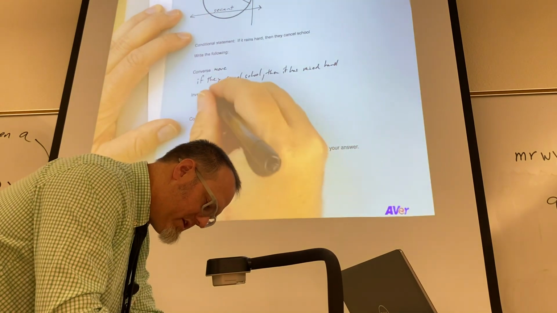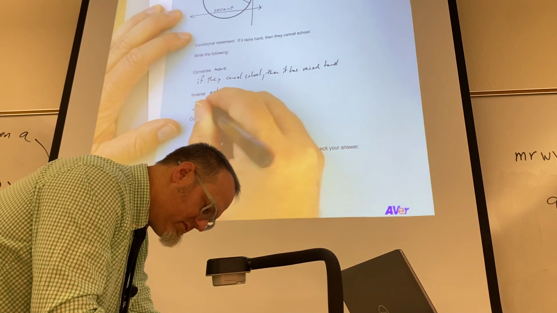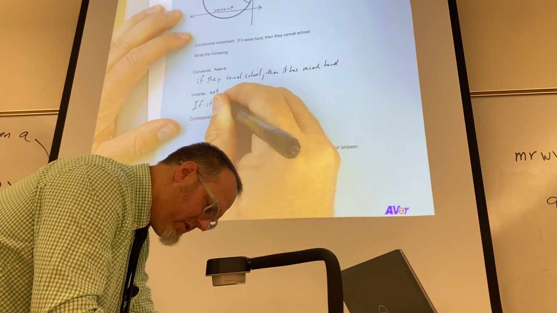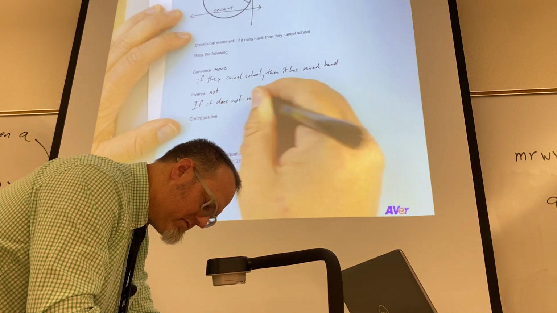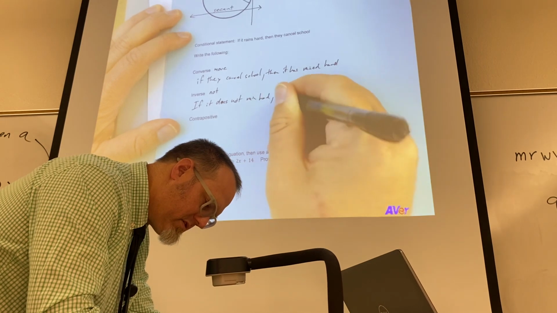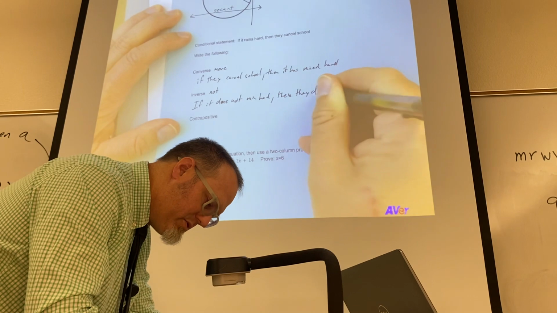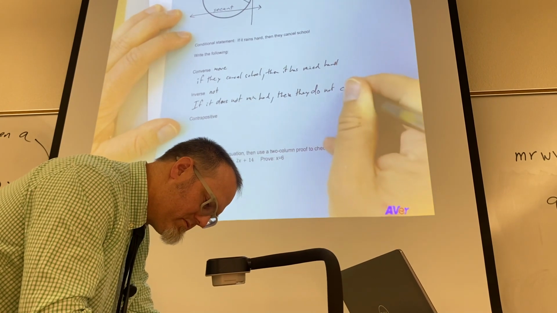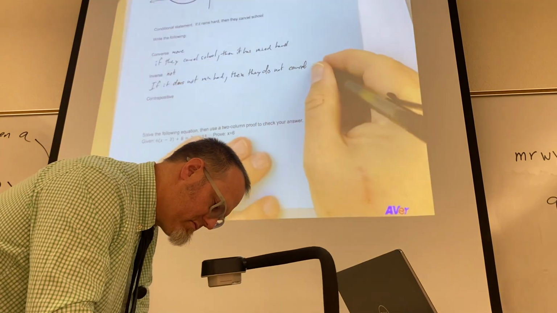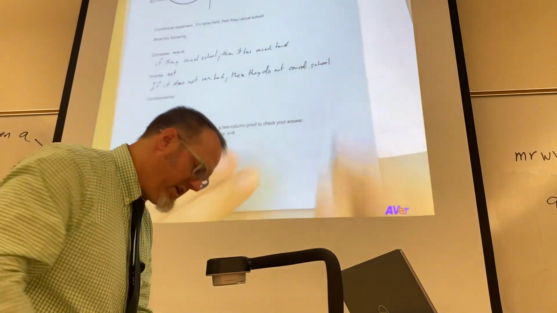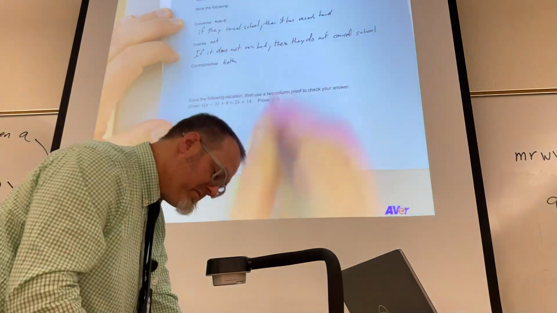The inverse is we're going to put the word not into both of them. If it does not rain hard, then they do not cancel school. And then the contrapositive, you do both of those things.